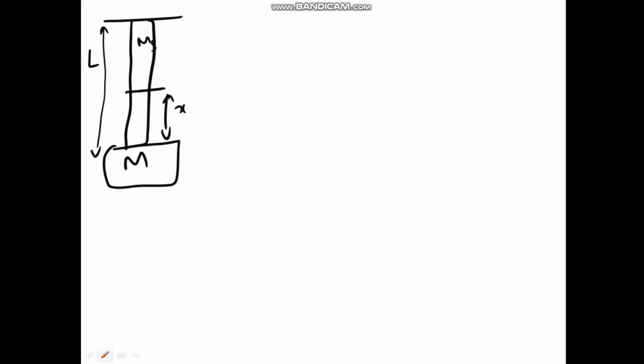Now let us see this case. The rope of mass ms is there and there is a block of mass m. The whole length is l. So for mass ms, the length is l. For length x, what is the mass? The mass of this portion is x into ms by l. Then what is the tension at this point?